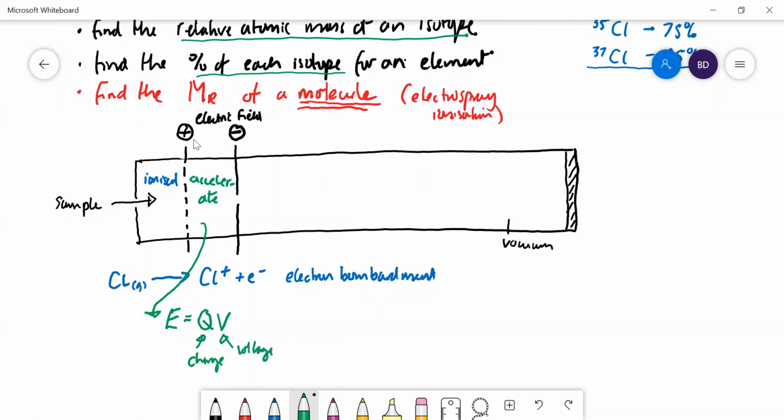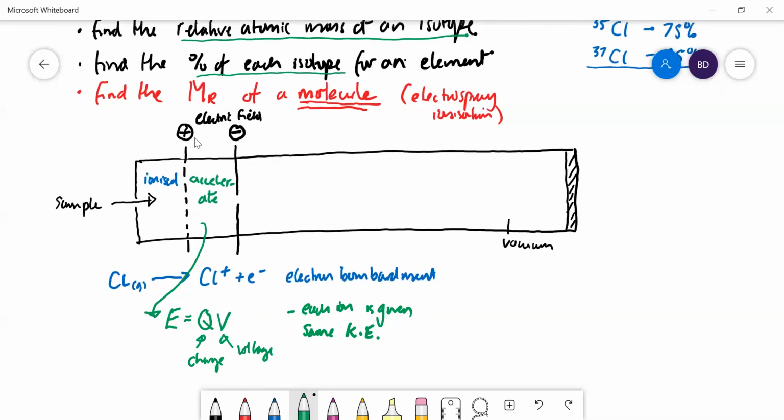So it's quite important here that each ion, because they're all 1+, has the same charge and the same voltage, so each ion will be accelerated. Each ion, when accelerated, is given the same kinetic energy, because they're accelerated through the same voltage. So the ions are going to be accelerated there.